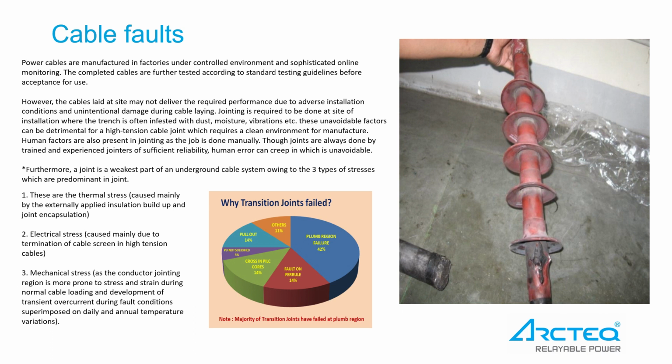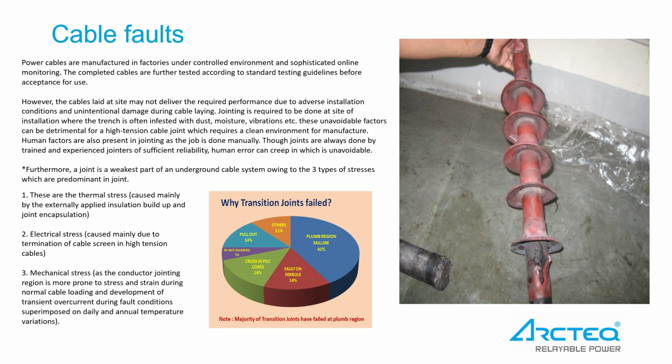Jointing is required to be done at the site of installation, where the trench is often infested with dust, moisture, and vibrations. These unavoidable factors can be detrimental for the high-tension cable joint, which requires a clean environment for manufacture.